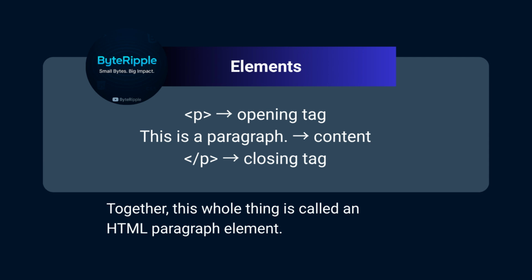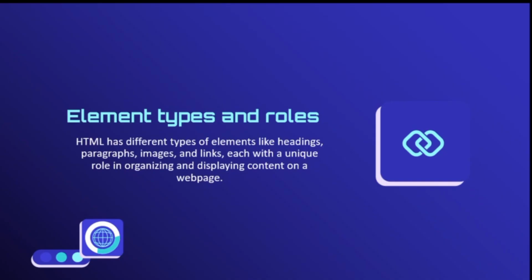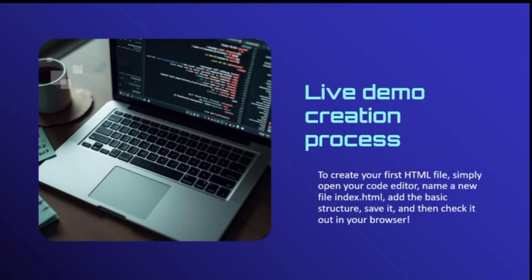In an element, we have the opening and the closing tag, and in between we have the content. The head and the body are types of elements, but this might not sound so well until we do more demo.